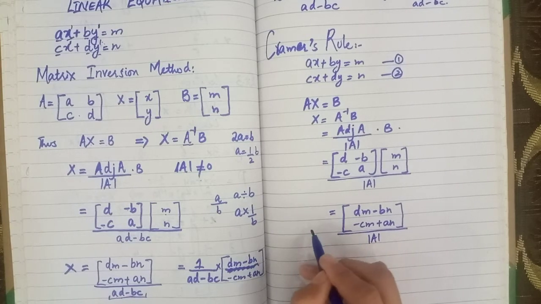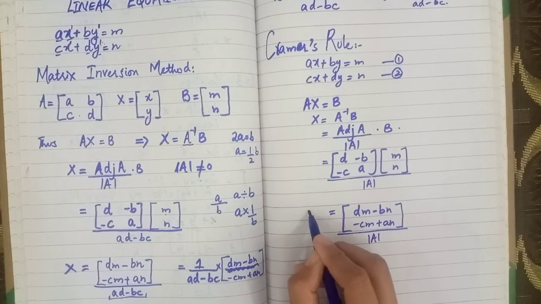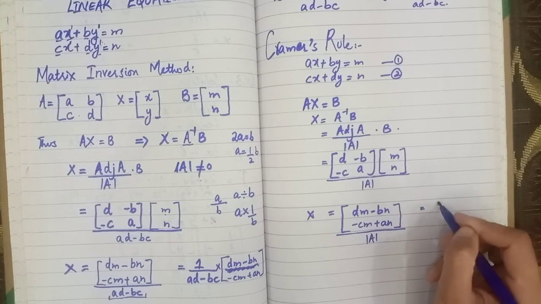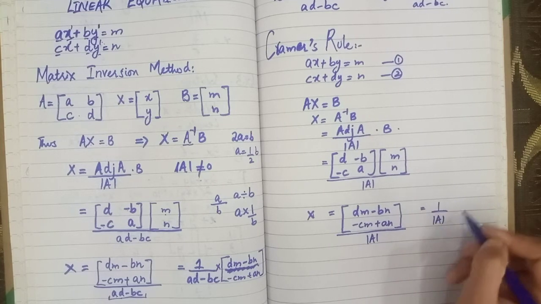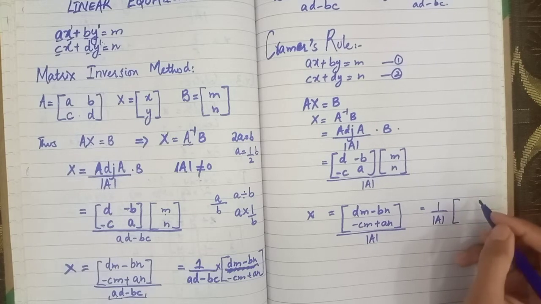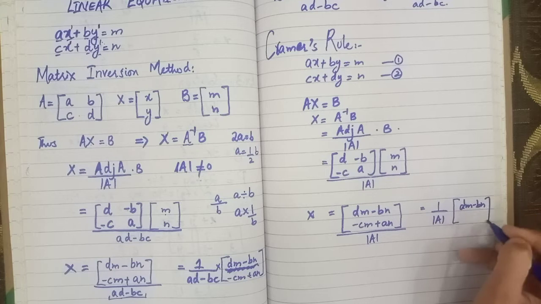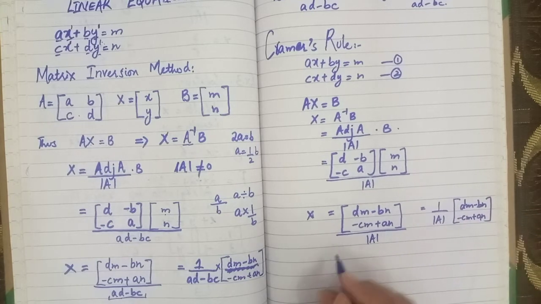Here you can see dm minus bn, minus cm plus an.